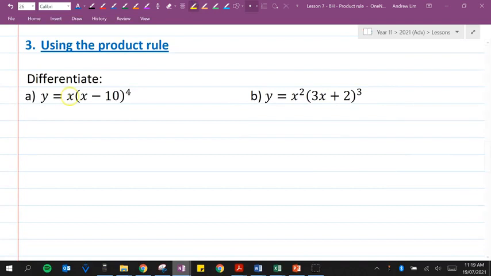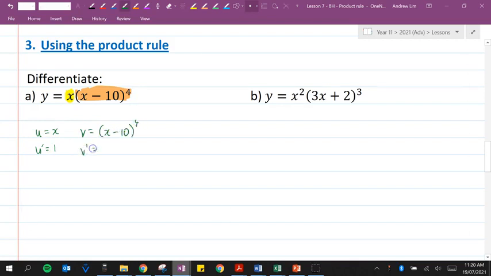So I'm just going to highlight everything. Here's my u, here's my v, and I'm going to write that down. So I'm going to write u is equal to x, and then I'm going to differentiate it straight away. When I differentiate x, I just get 1. I'm going to write v is equal to x minus 10 to the power of 4.